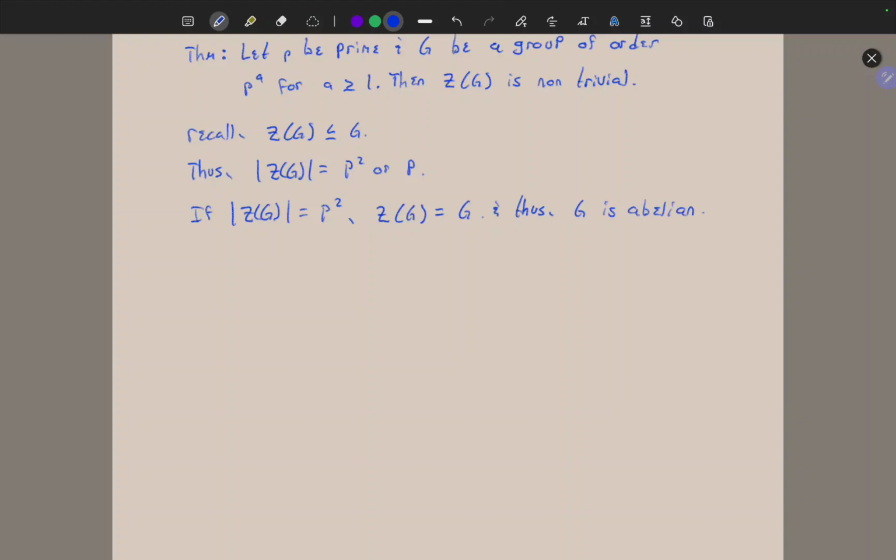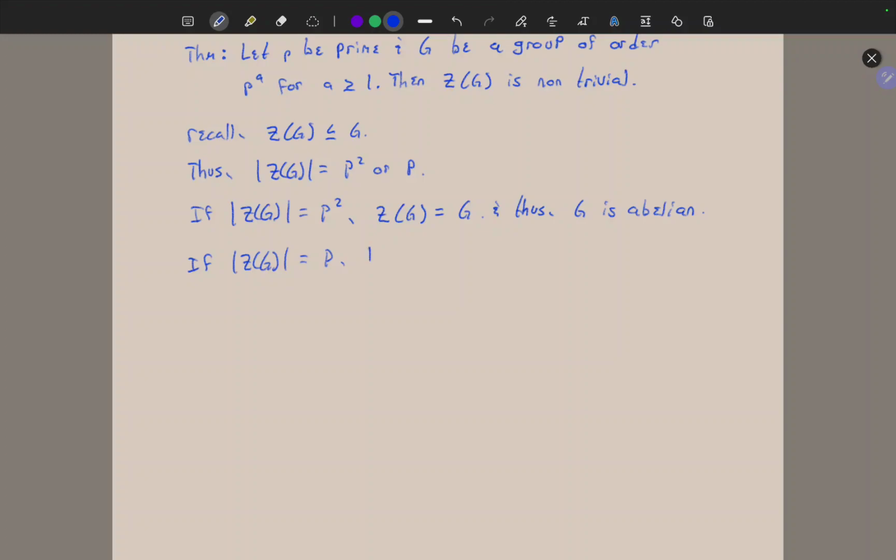Now what about the other case? If the center of G has order P, then let's look at the quotient group G modded by its center.